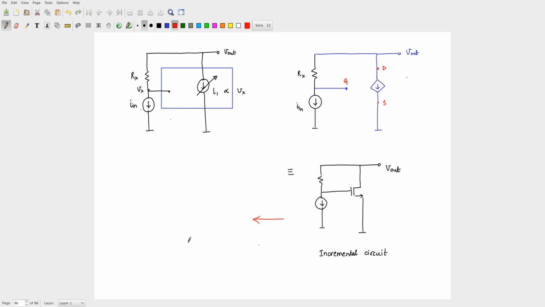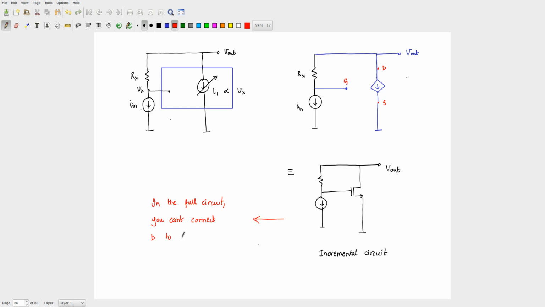This implies that in the full circuit, you cannot connect drain to what?